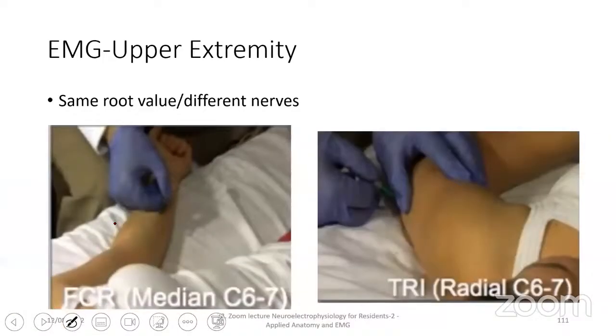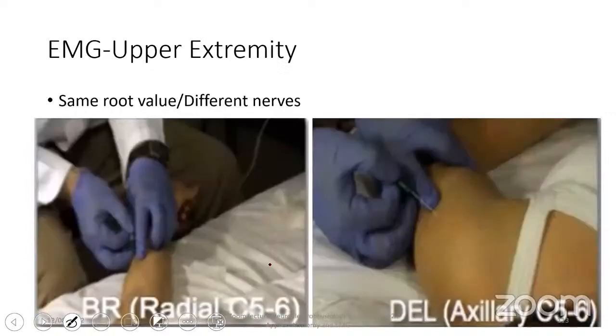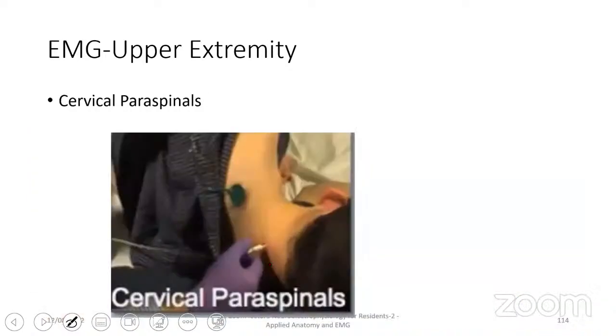The same root value but different nerves, that is median nerve flexor carpi radialis and triceps radial nerve, both C6-7. And different root values, same nerve again: APB and flexor carpi radialis, median nerve, C6, C7, C8 T1. Same root value, different nerves again, radial and deltoid axillary. So that's how you have to check out your plan of EMG very well in advance.